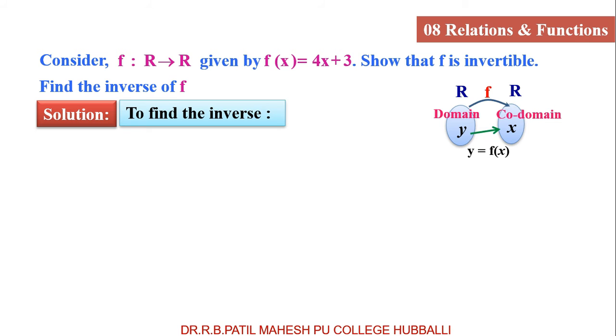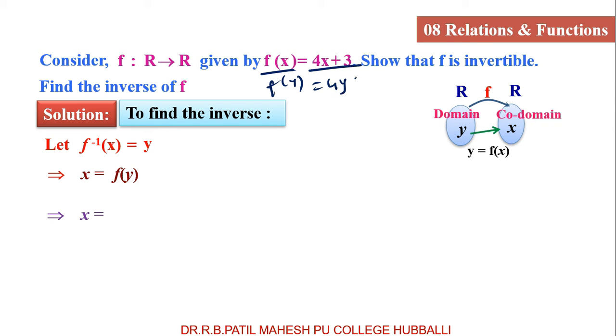To find the inverse, let f inverse of x equal to y. You have to denote f inverse of x equal to y. So x equal to f of y. What is f of y? You have f of x. Now f of y will be just 4y plus 3.